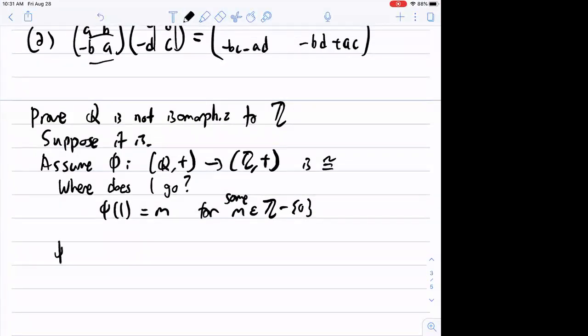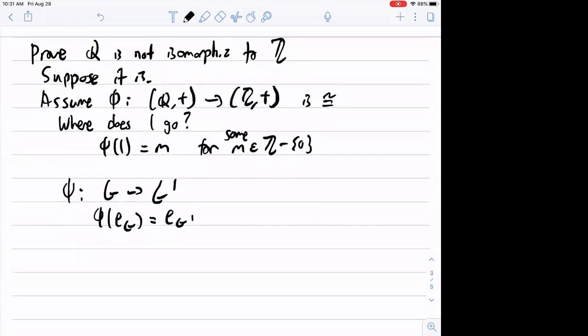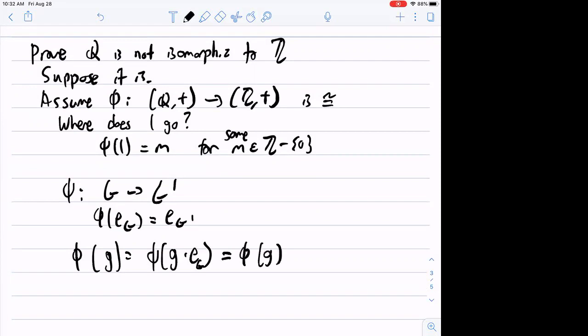If you all forgot, for a map from G to G prime, phi of e_G must be e_G prime. This has to hold because phi of g is phi of g times e, the e in this group, and then by the property you get phi of e_G.